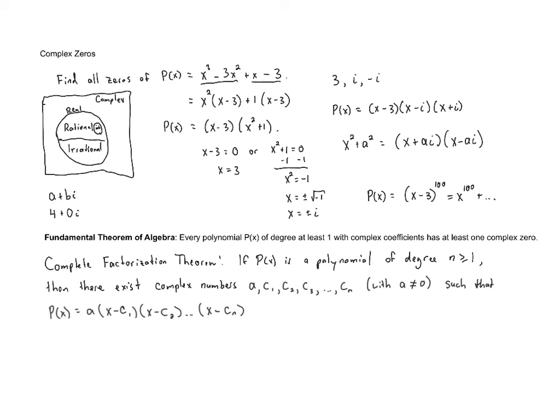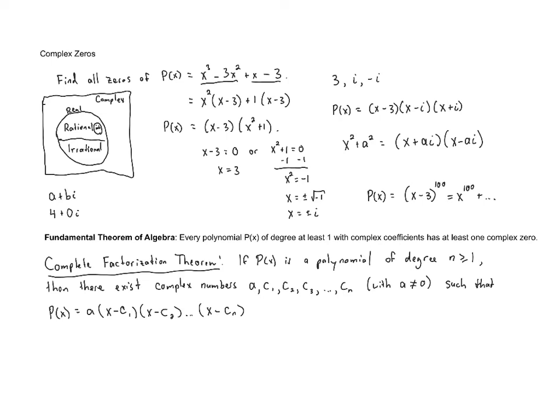So let me underline this because it's a theorem. If we have an nth degree polynomial, we are able to factor it as some complex number times a product of n different factors where each one is x minus some complex number.